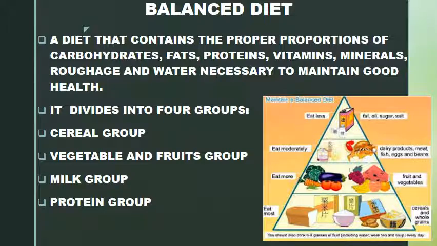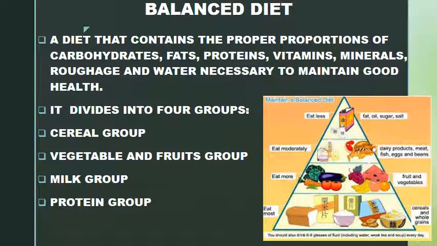Now, what is a balanced diet? Students, a balanced diet is a diet that contains the proper proportions of all the nutrients, roughage, and water necessary to maintain good health. The foods of a balanced diet are divided into four groups: cereal group, vegetable and fruits group, milk group, and protein group.